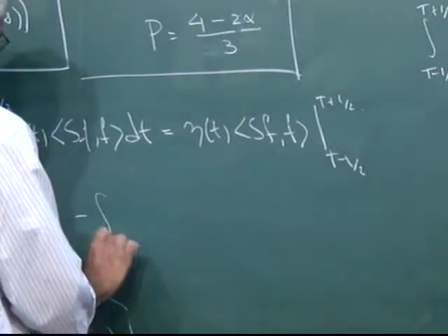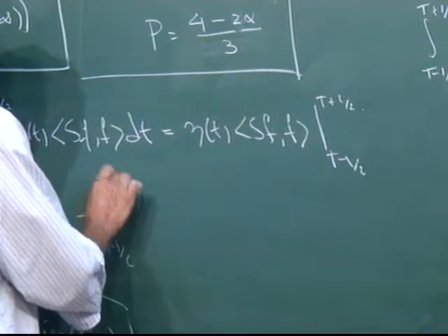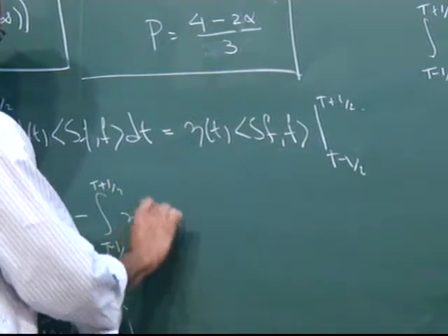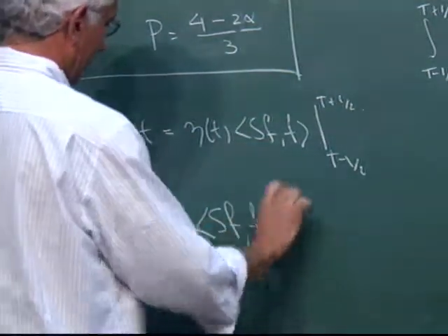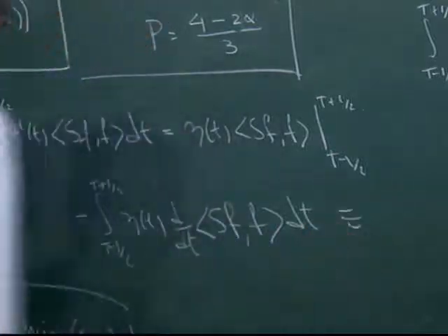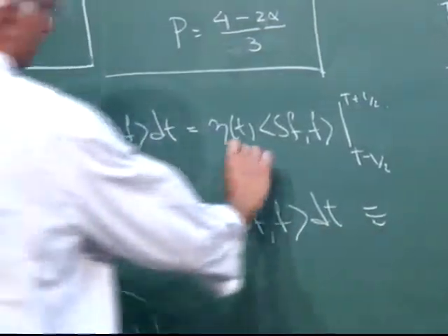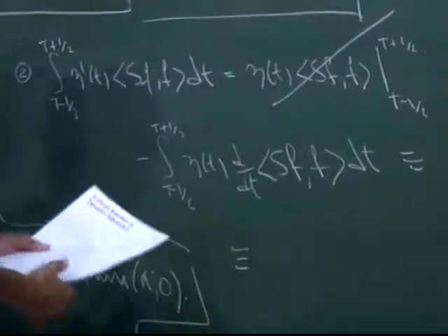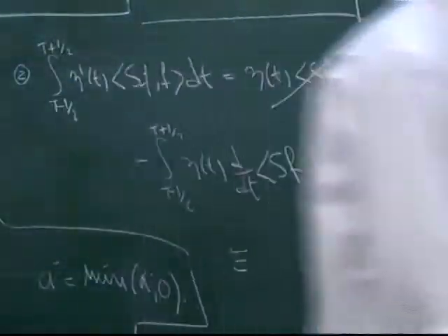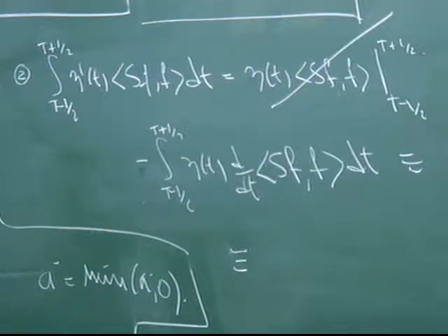Minus integral eta derivative with respect to t of Sf f dt. Okay? This is 0. Therefore, this is equal. You have the minus here, and now we are going to use this formula.